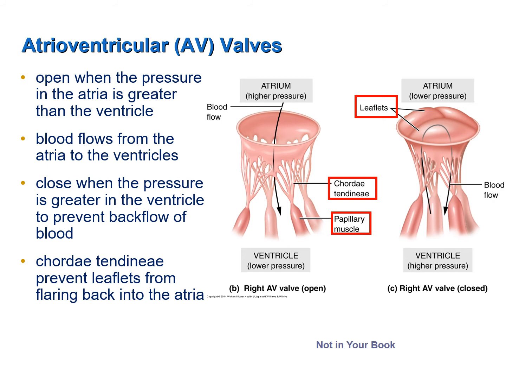Without the chordae tendineae, the greater pressure in the ventricle would likely cause the leaflets to flare up into the atrium, sort of like how an umbrella is turned inside out when it catches the wind, and this would allow blood to backflow into the atrium. So the papillary muscles and chordae tendineae play a very critical role in preventing the backflow of blood through an AV valve.